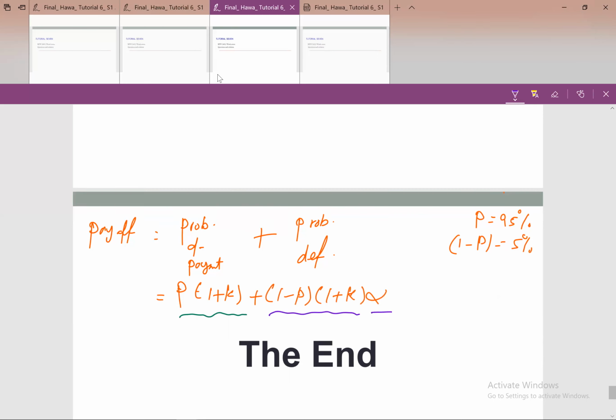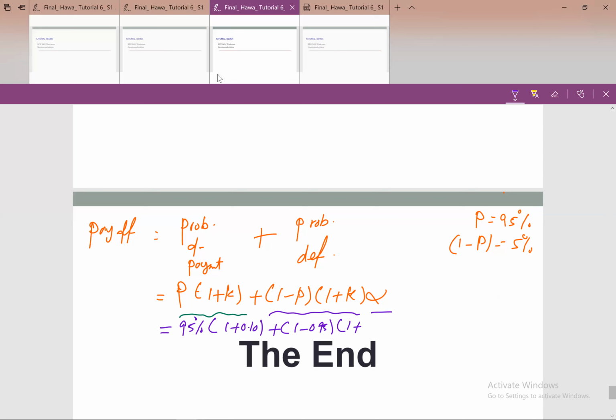So to calculate, according to our example, the probability of payment is 95%. We know this is 10%. And we know this is 5%, just 1 minus 95%, or you can say 5% if you like.